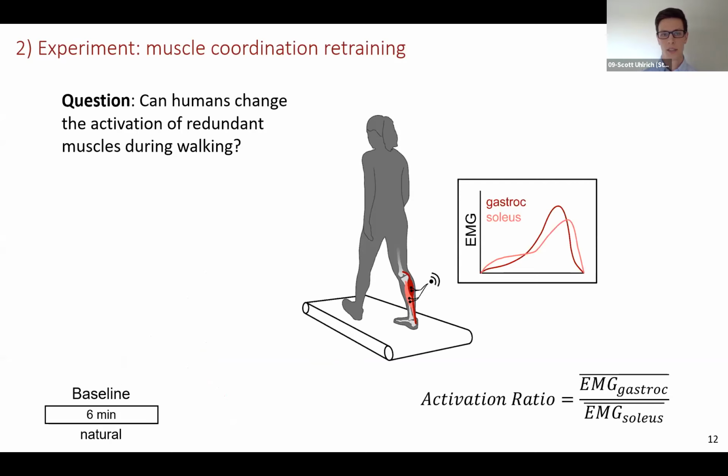10 healthy individuals walked on our instrumented treadmill while we processed EMG from their gastrocnemius and soleus in real time. They first performed a baseline walking trial where we measured their gastroc to soleus activation ratio, shown in the bottom right, as they walked naturally.